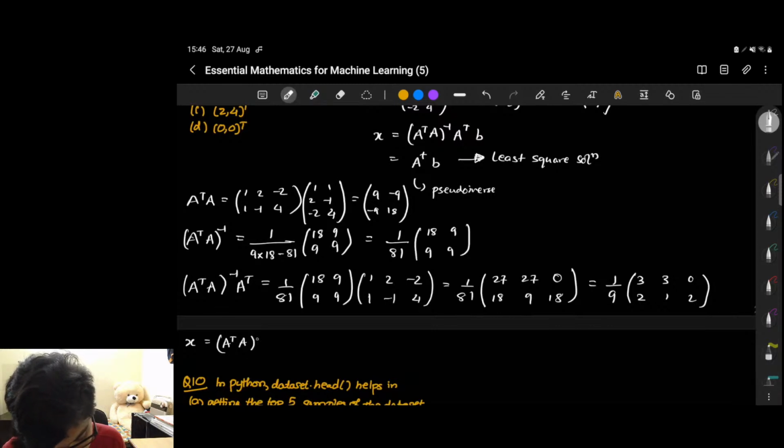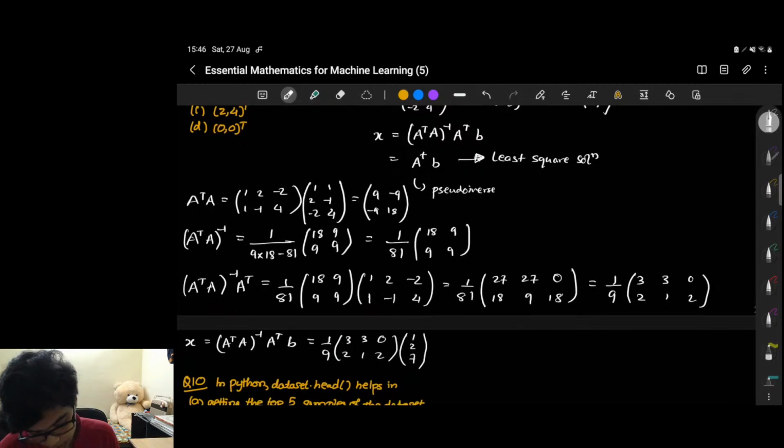A transpose A inverse A transpose times B. So this is 30212, this times your column vector B. So 1 by 9 times 3 into 1 plus 3 into 2, that is 9.